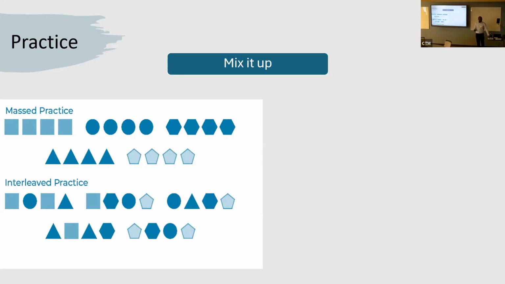Now, massed practice is you teach a subject or a topic, you quiz your students on it, and you shelve it. You move on to the next topic. You talk about it, you quiz them, you shelve it. Interleaving, however, is when you quiz your students on closely related topics that you have taught in the past.